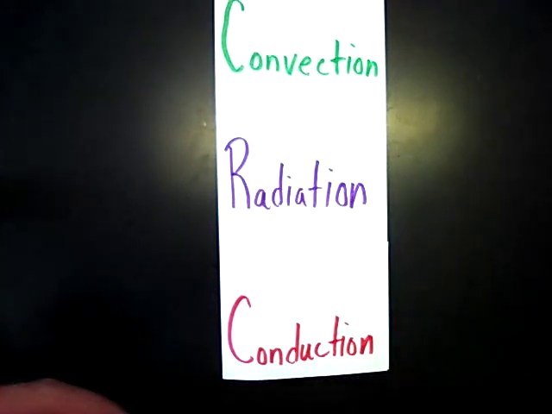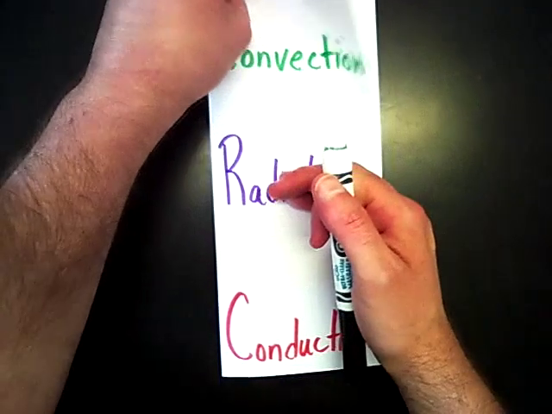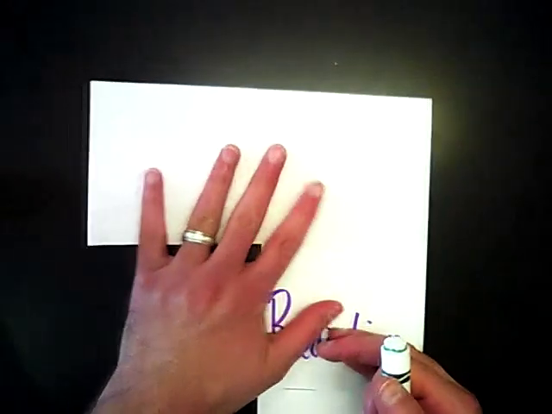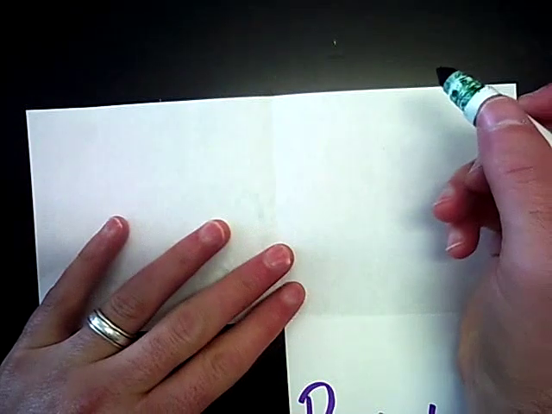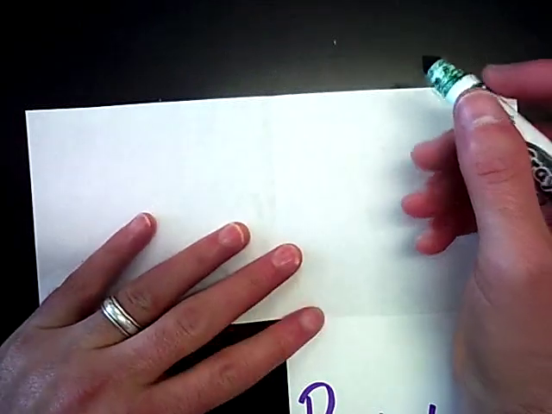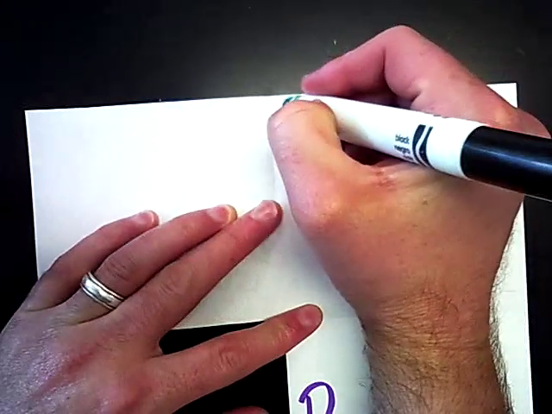So first thing we'll talk about is convection. So we'll open up this flap right here, and let's zoom in here. Convection is the transfer of heat by movement through a medium like air or water. So we're going to write that.